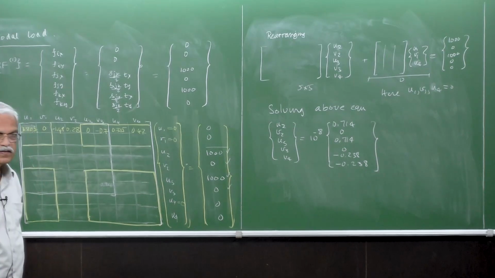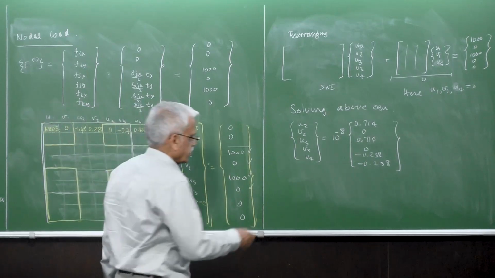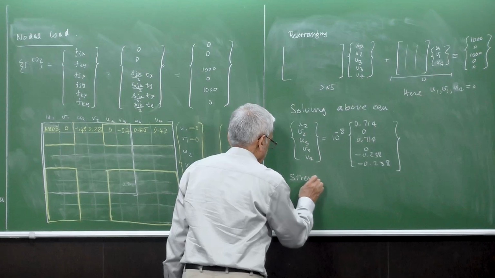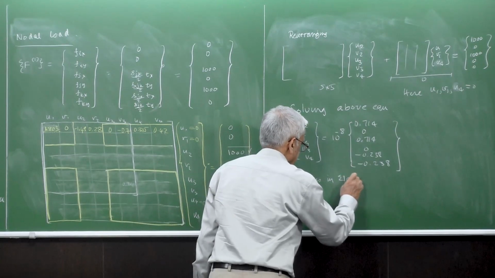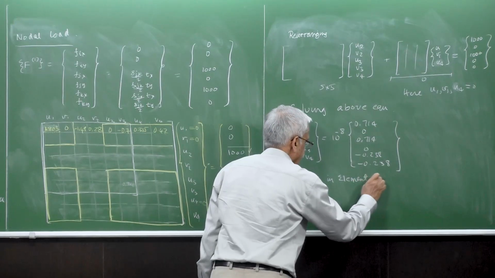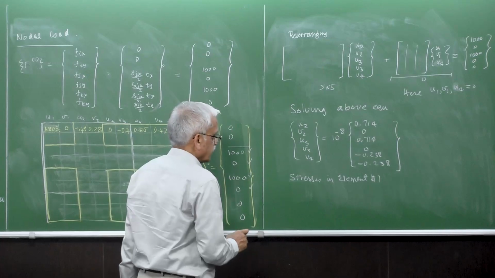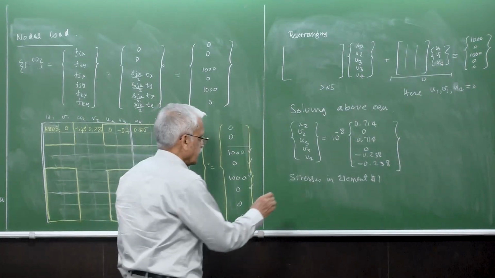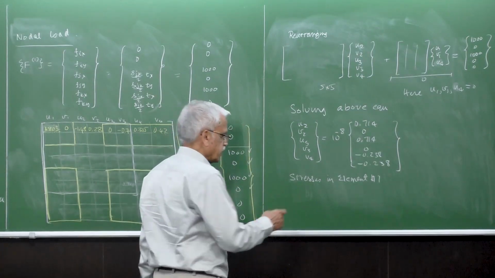Just for the sake of completeness, if you want to retrieve stresses, say in element 1, what do we need here? We need strain, and then we pre-multiply with D to get the stresses.